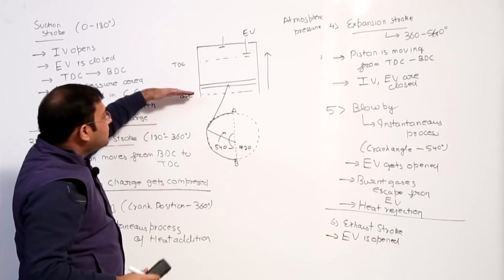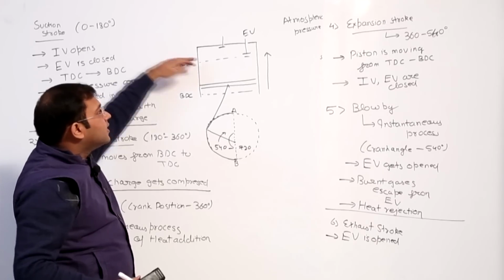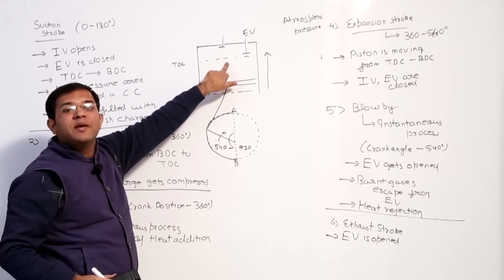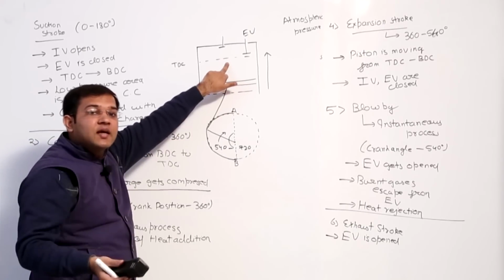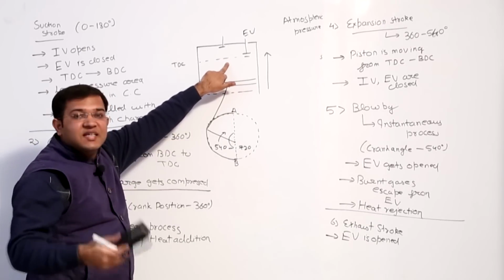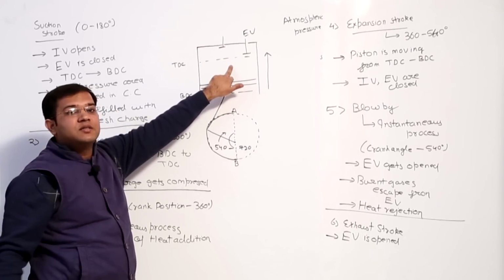When the piston moves from bottom dead center to top dead center, it sweeps away the remaining burned gases from this combustion chamber, so that in the next cycle fresh charge can come into this combustion chamber.